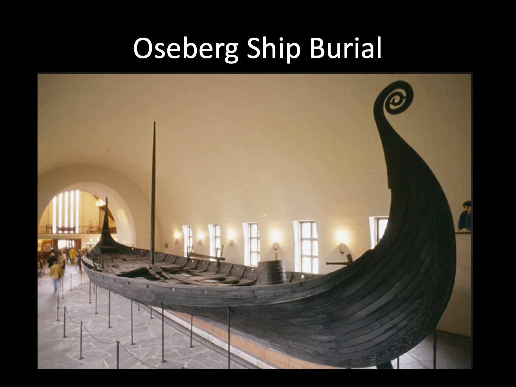Also sacrificed in the burial were 14 horses, 3 dogs, and an ox. There was treasure of jewelry and metalwork. The Vikings buried their elite in sailing vessels, or they buried the vessel in a mound of earth, or they set them adrift in the ocean.